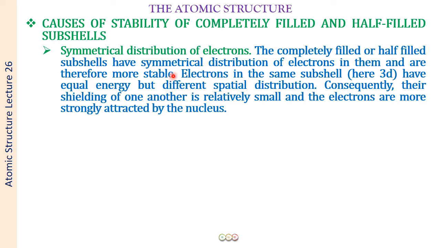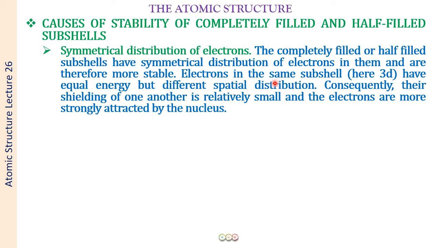Why it makes them more stable is, for example, if you consider the 3d electrons, okay, if we have 5 3d electrons and we put them into different orbitals, this means that they will have equal energy, but they will have a different spatial distribution. Right? They are all oriented along different axes. You have studied about dxy, dyz, and so on. So they have a different spatial distribution.